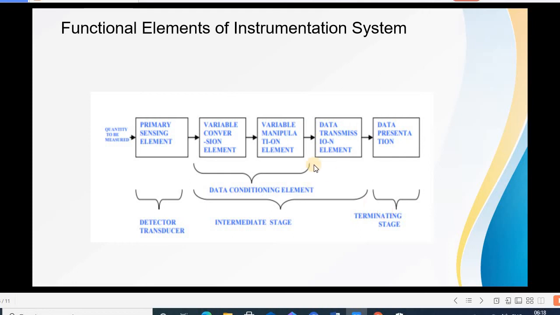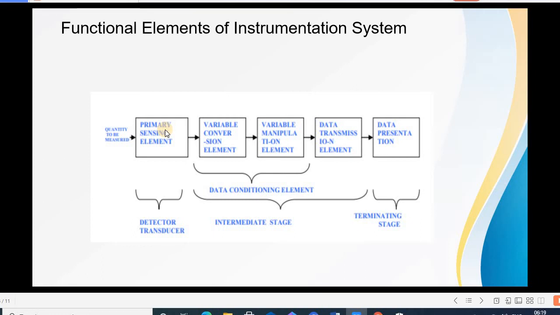Okay, first is the primary sensing element. In the primary sensing element, the quantity under measurement makes its first contact with the primary sensing element. The unknown quantity is sensed by the primary sensing element, which gives an output in a different form.